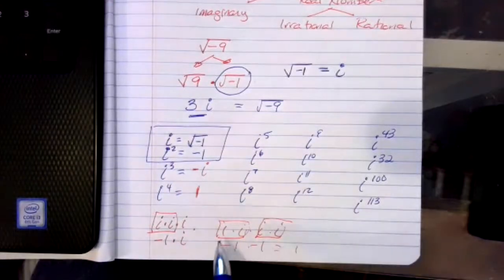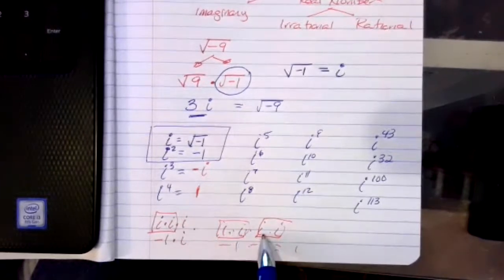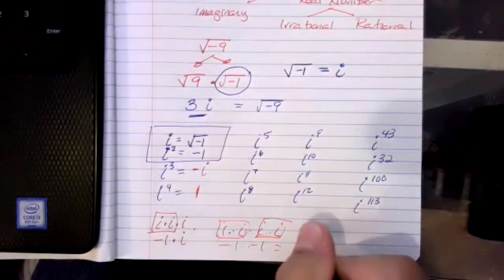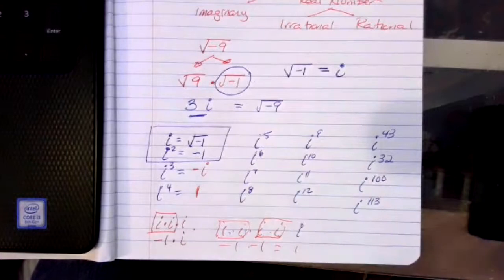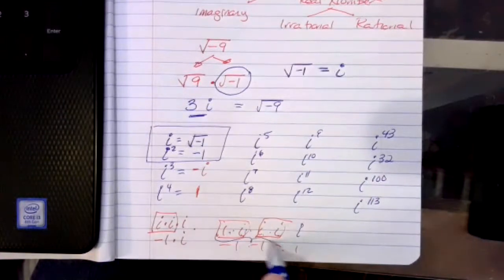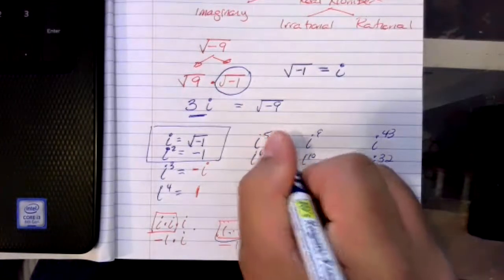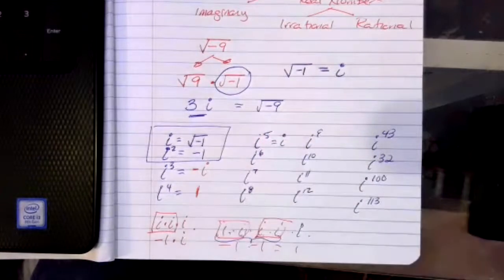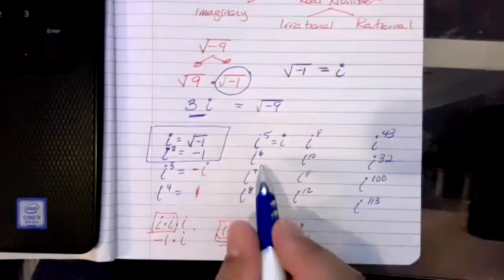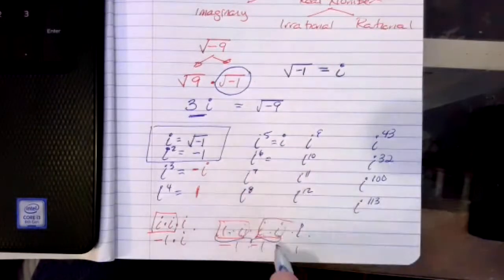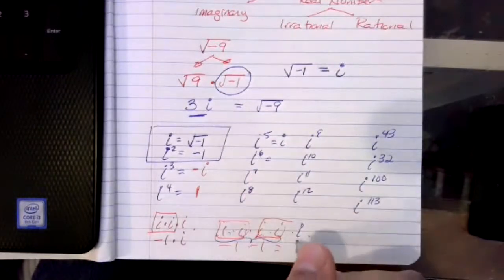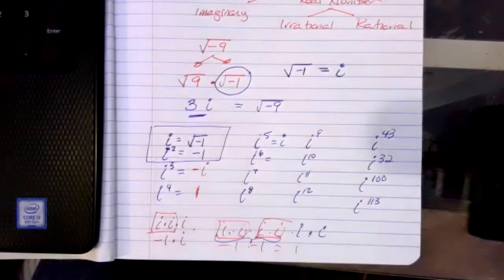Then i to the fifth would be i times i times i times i times i. So this would be positive 1, i to the fourth, times i. 1 times i is i. i to the sixth would be i to the fourth times i times i.